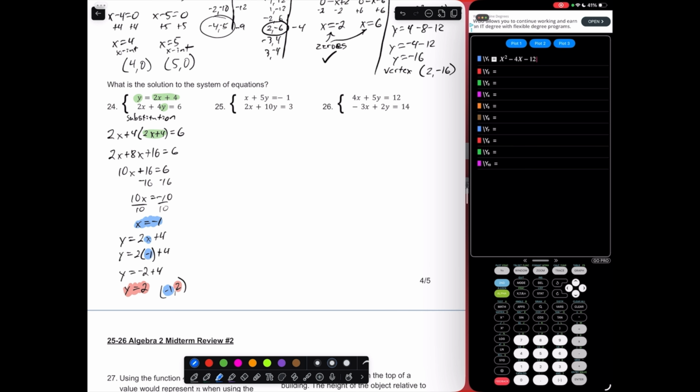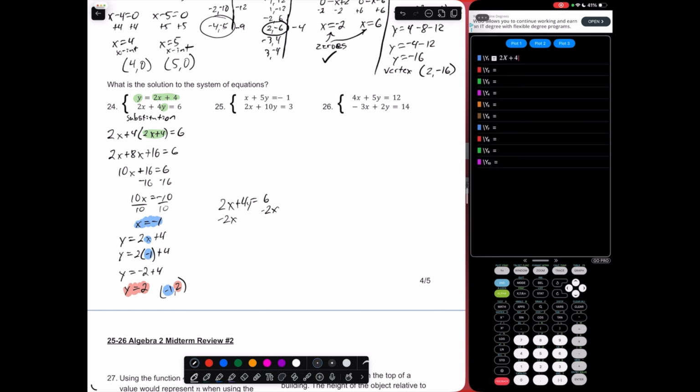The calculator work. So the calculator you can use if y is isolated. So in case of 2x plus 4, that one would be easy to enter. But the 2x plus 4y equals 6 is not isolated for y. So we could not enter that in the calculator in the form that it's in. You could take the 2x plus 4y equals 6 and get y by itself.